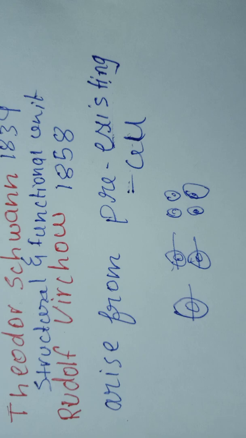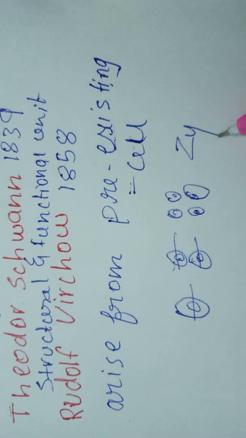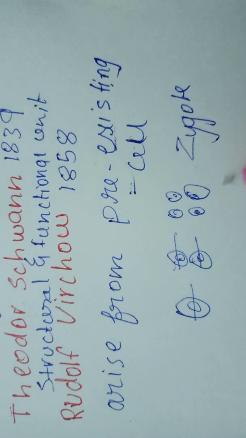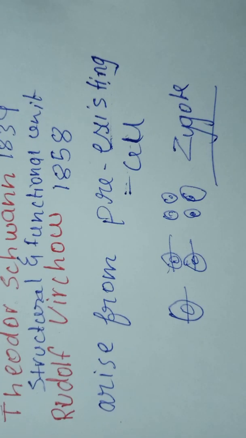Now I will ask you a question. They have said that from pre-existing cells only cells are forming. Now, how was the first cell formed? What was the first cell of a living being? In the starting of the lesson I said that it is the zygote. Don't forget, from the zygote only the cells are formed. I have said that when the sperm and the ovum fertilize, the zygote, the embryo, will form.